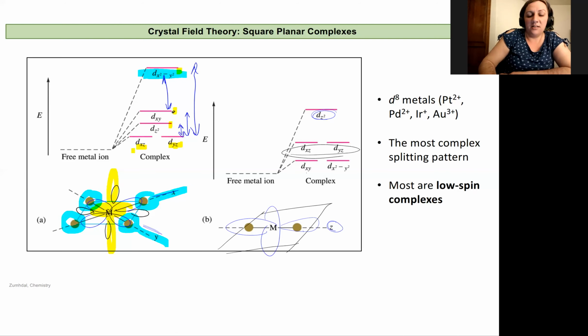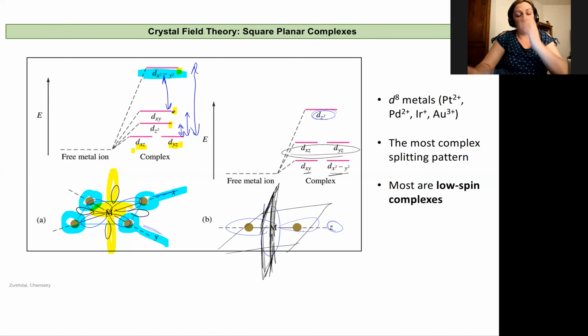And our dxy and our dx squared minus y squared are going to just be in this plane right here, the xy plane. And they're going to have the least amount of direct kind of repulsion from those ligands. And so we're going to get a pattern that looks like 2 on the bottom, followed by another 2 above it, with a more significant increase up to the dz squared.